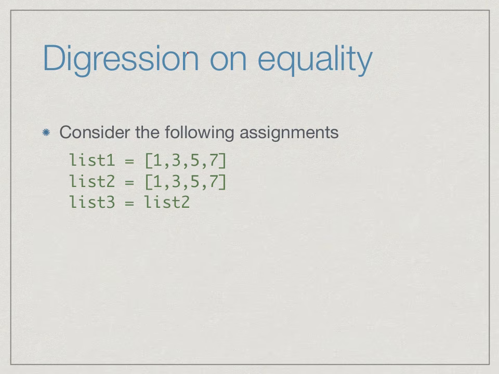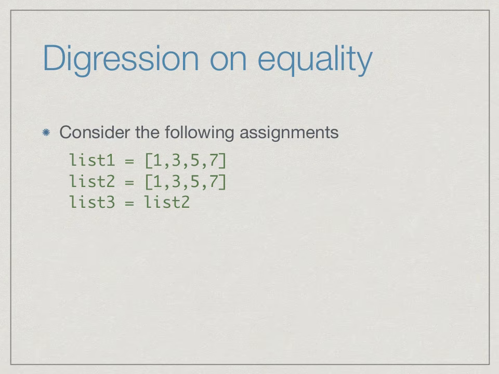So this leads us to a digression on equality. Let us look now at this set of Python statements. We create a list [1, 3, 5, 7] and give it the name list1. And we create another list [1, 3, 5, 7] and give it the name list2. And finally, we assign list3 to be the same value as list2, and this, as we said, suggests that list3 is actually pointing to the same thing.